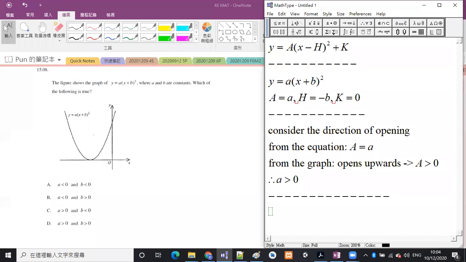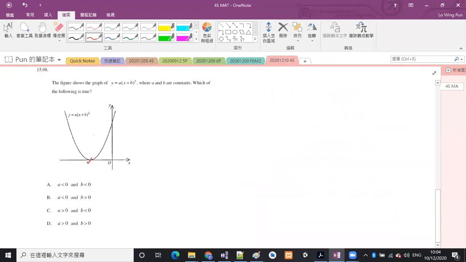Be careful here. I remember a student made a mistake here once, so remember this point: this K is not the y-intercept, because it is not ABC form. If it is ABC form, the last number without x is the y-intercept. But now it is AHK form, this K is only the y coordinate of the vertex. Now, for this graph, can you see where the vertex is? The vertex is here. Okay, and it is obvious that the vertex is lying on the x-axis, right? Okay, so the H, K, and the K is equal to 0 because this point is lying on the x-axis.